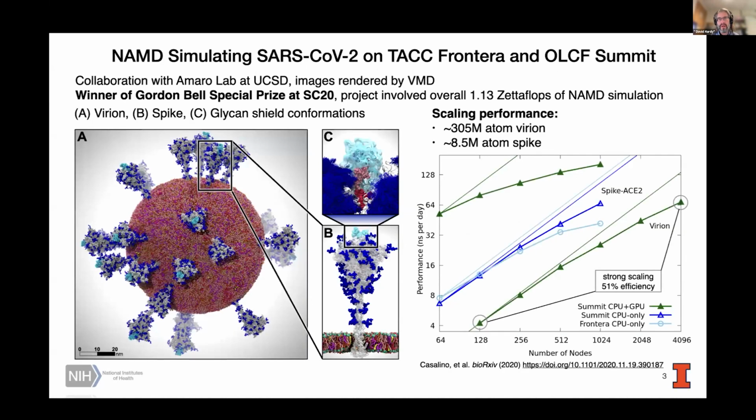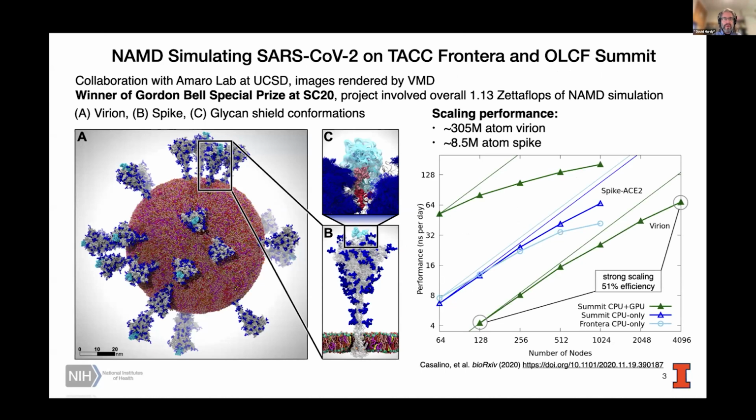So let me tell you about some of the high profile simulations we did back in the COVID days. This is a nice case where we used NAMD to simulate the SARS-CoV-2 virus on TACC Frontera and on OLCF Summit, which at the time was the second fastest supercomputer in the world.